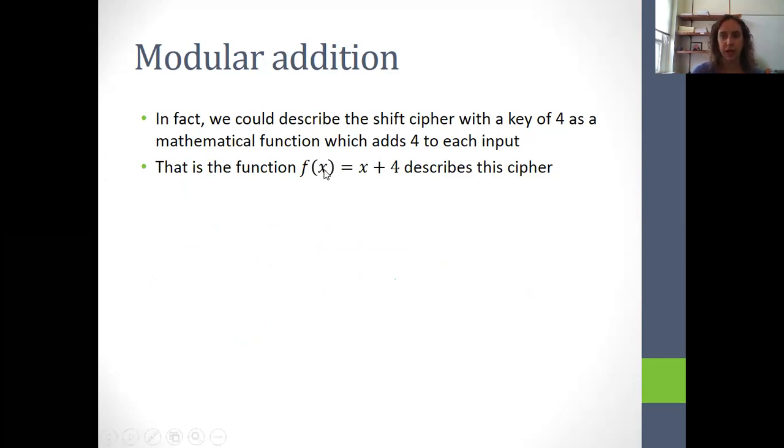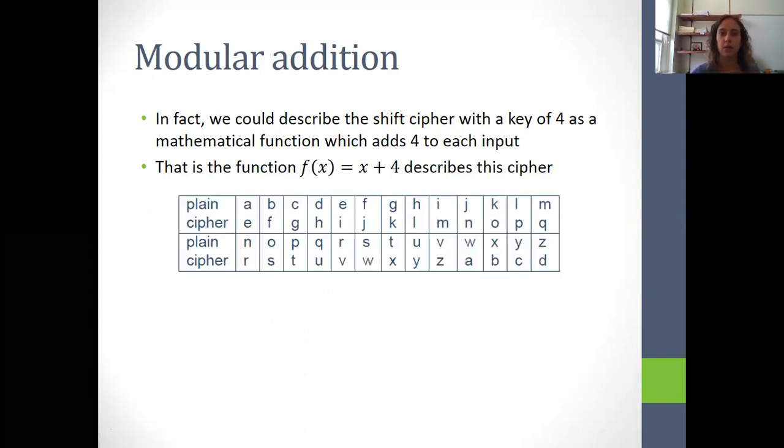We take an input x, which is of course a plaintext letter, but we find the number associated with that, and we input that to the function, and the output is that number plus 4, and that gives us the ciphertext letter. Okay, so that linear function describes the cipher that we had previously represented using a table.